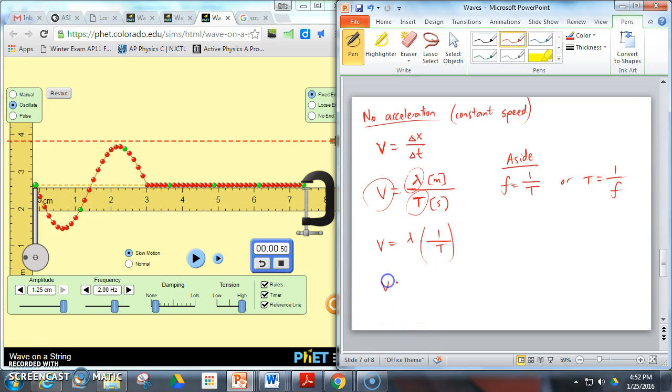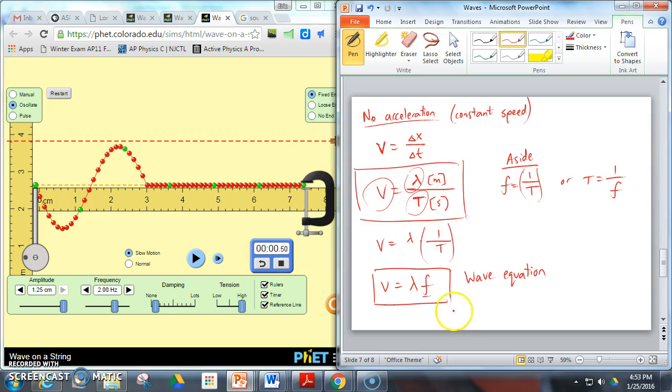Might be easier to see. So speed is just your wavelength times, well, if I sub in frequency for 1 over time, we see that speed is just the wavelength times the frequency. So this is your wave equation. You can write it either way with frequency, or you can write it with the period over here. But it's saying the same thing.